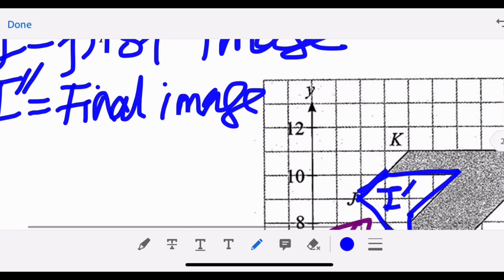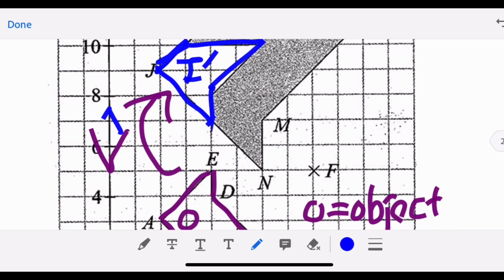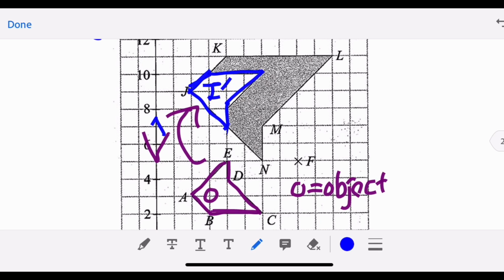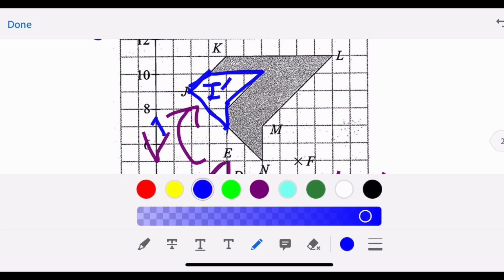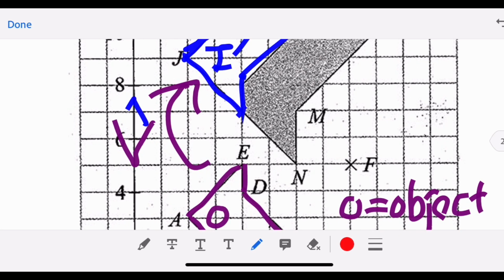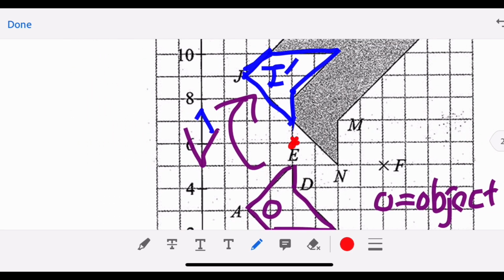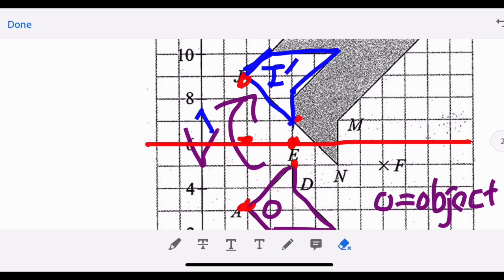We have 2 transformations. We combine the transformations, right? So from the object you will reach the first image under transformation V. When you are asked to describe, you have to write in sentence form with the 3 important keywords for rotation, 2 important keywords for reflection, and for enlargement also 3 important keywords.